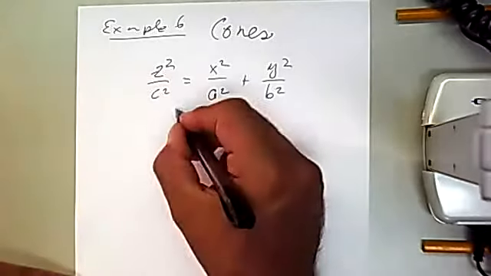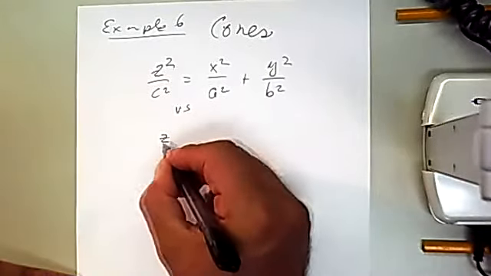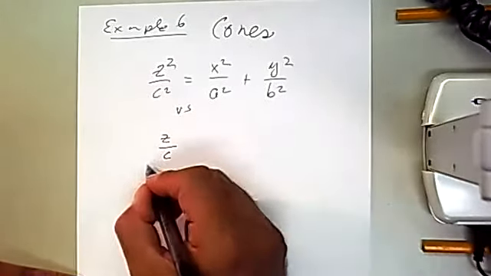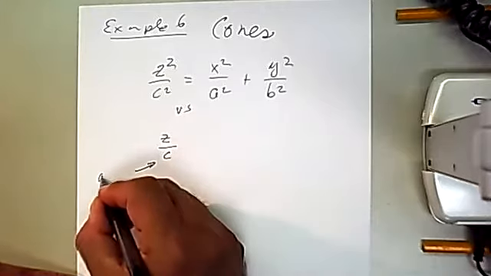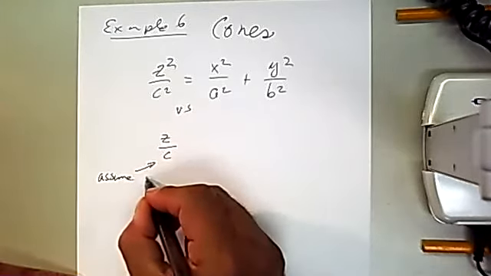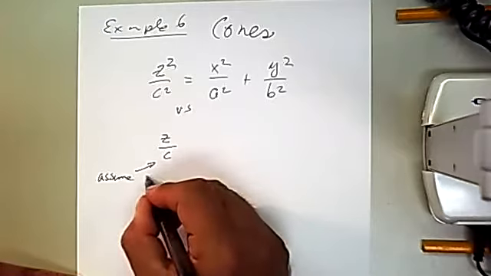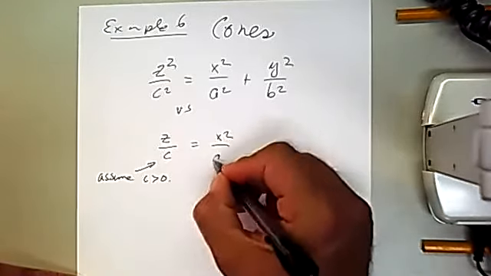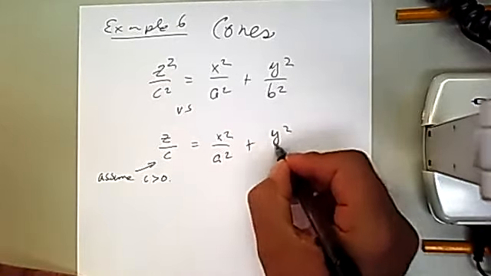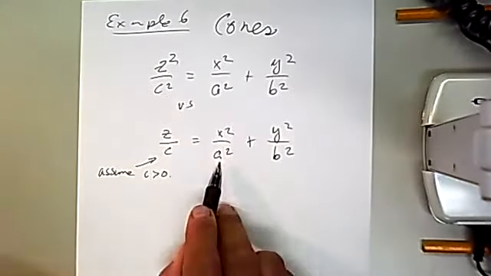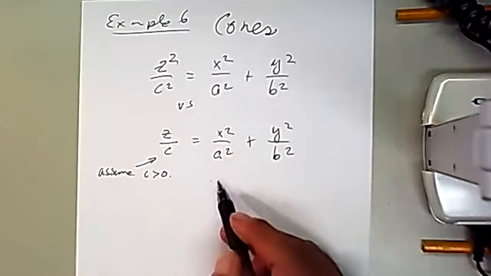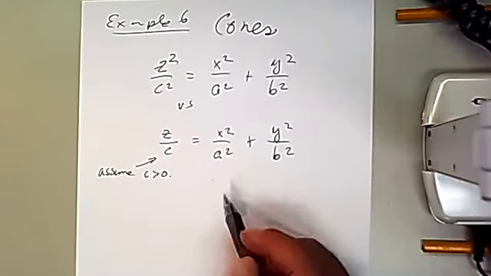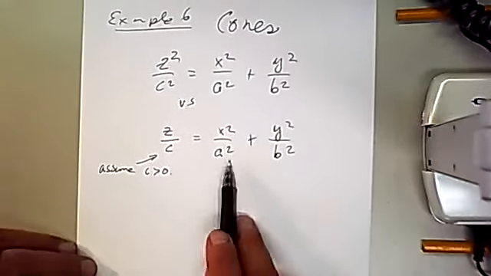Not to be confused with z over c, assuming c is positive. Assume c is greater than 0, equals x squared over a squared plus y squared over b squared. Here, I suppose it doesn't matter what a is, because if it is negative, when we square it, we end up with a positive number anyhow.